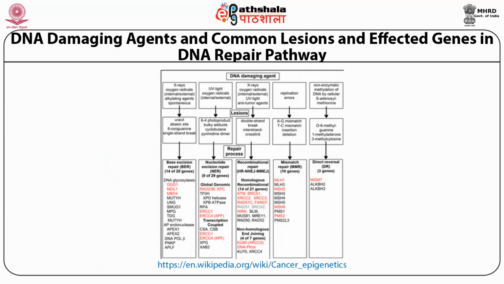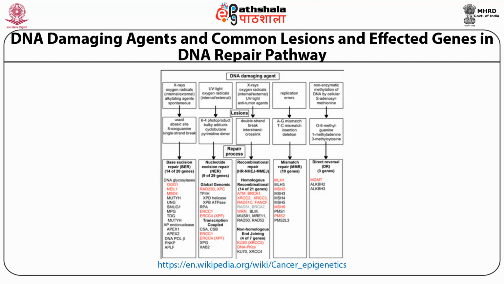This slide shows the DNA damaging agents, the common lesions, and the DNA repair pathways which are mostly affected in cancer. Also shown here in red are the genes and the pathways which are epigenetically regulated to have reduced or increased expression in various cancers. There are various DNA repair pathways that exist, and that leads to an error-prone system.